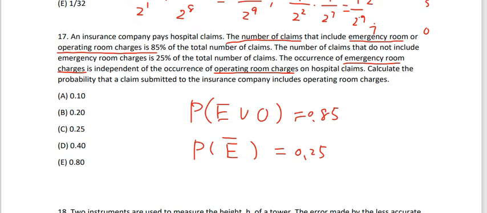So what do we want to find? We want to find the probability that the claim includes O. So we want to find PO, right?